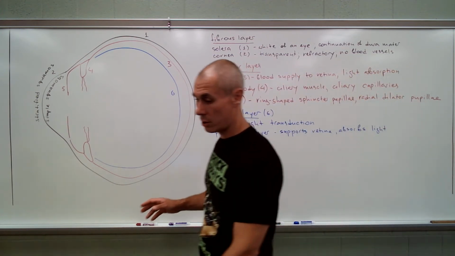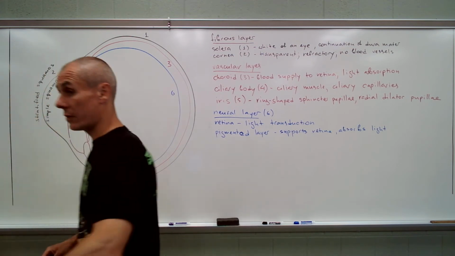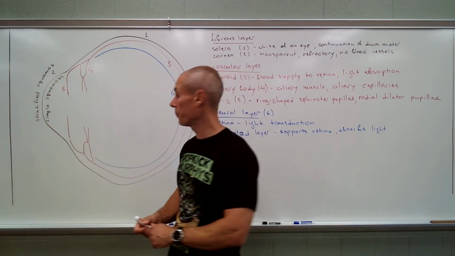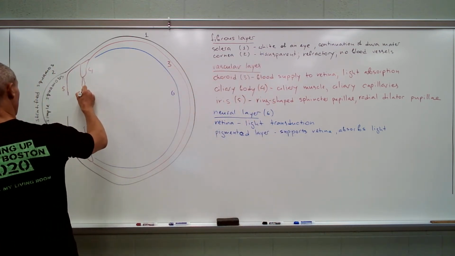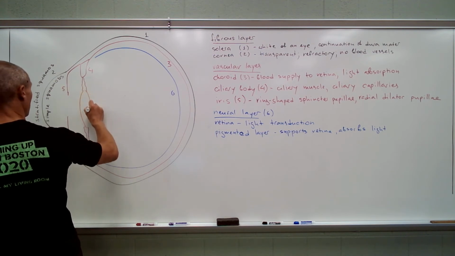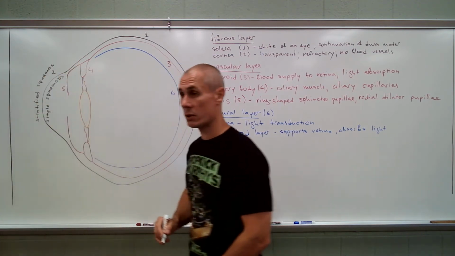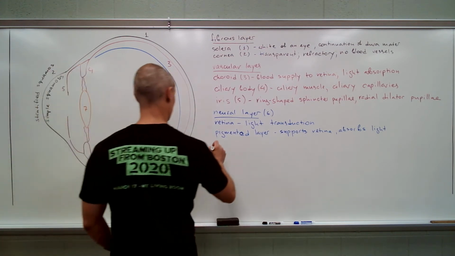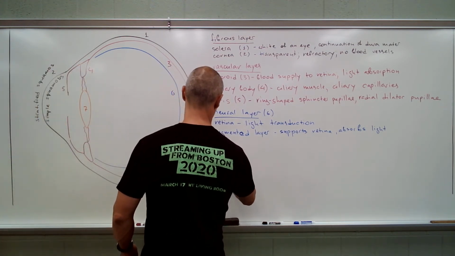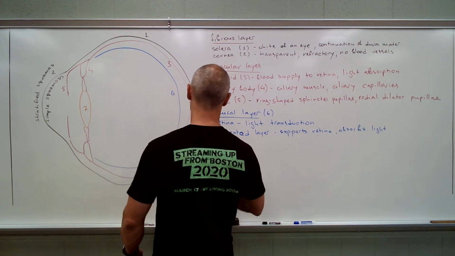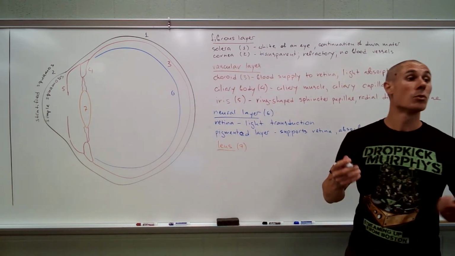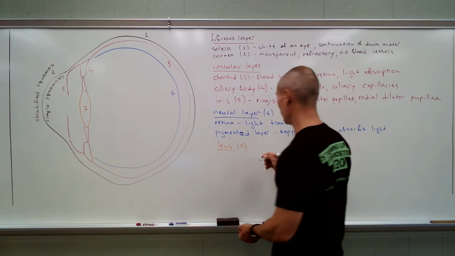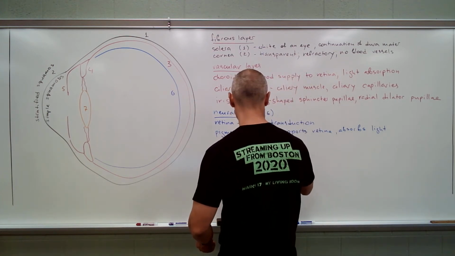So one structure that we need to add, obviously, is the lens. Okay? So lenses are located here. They are biconvex. So their function is refraction of light.